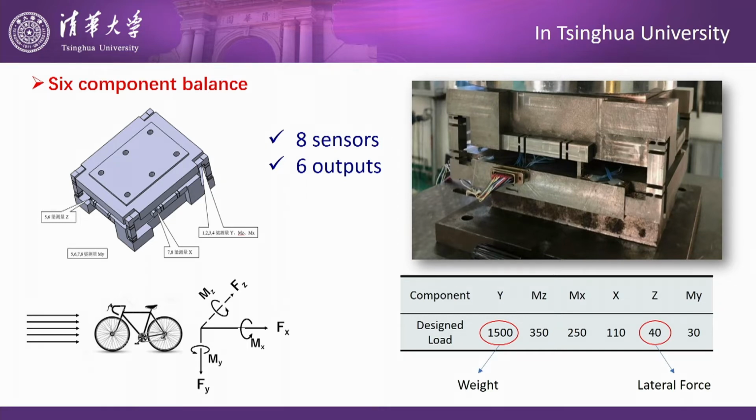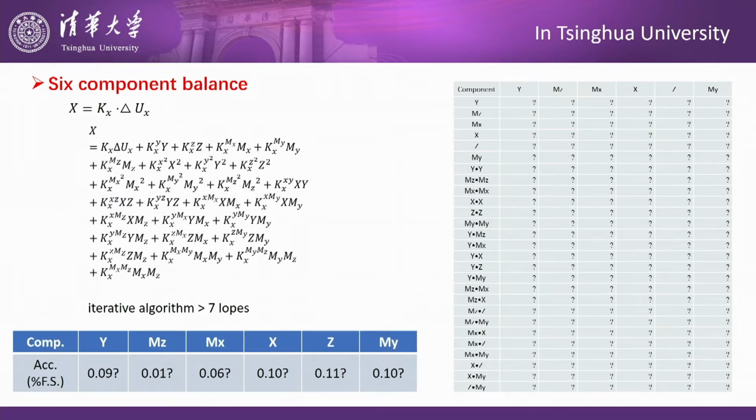Looks like nothing, but here, 1, 2, 3, 4. This is 4 sensors, and the other side another 4. How do 8 sensors give out 6 outputs? We have this transcendental equation with 27 parameters, and it has to be run 7 times to give out 1 number.